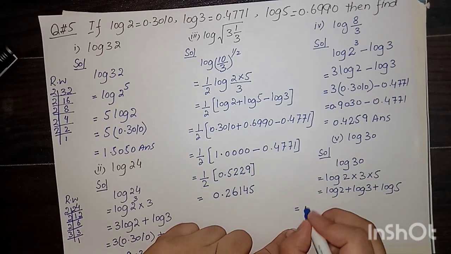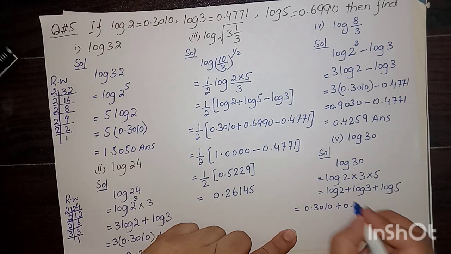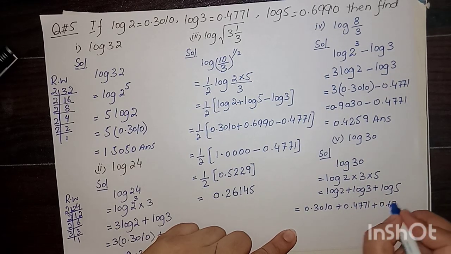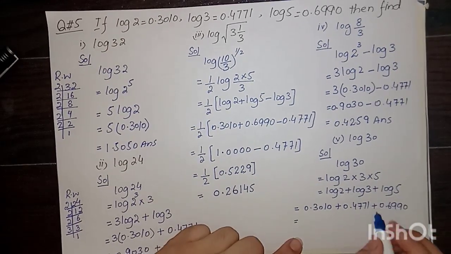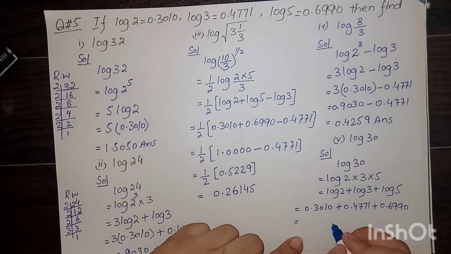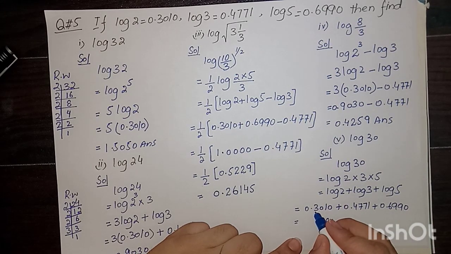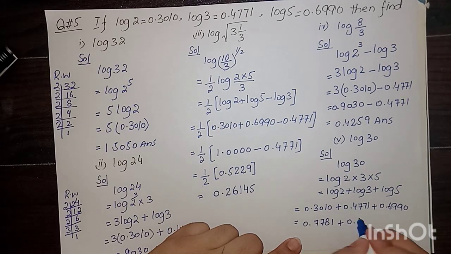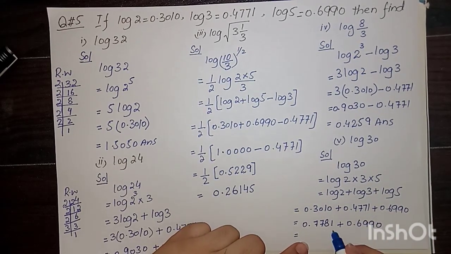After writing the values, log of 2 is 0.3010, then plus 0.4771, then plus 0.6990. So add these values. 0 plus 1 is 1, 7 plus 1 is 8, 7 plus 0 is 7, 4 plus 3 is equal to 7.0 plus 0.6990.